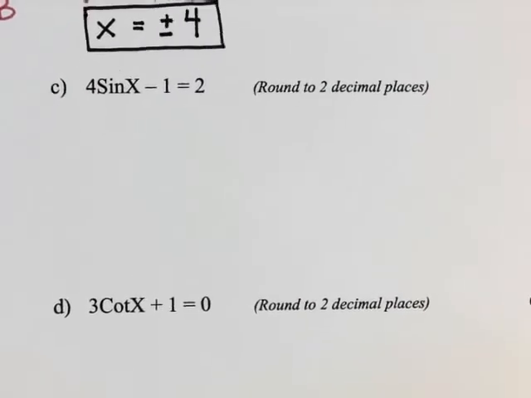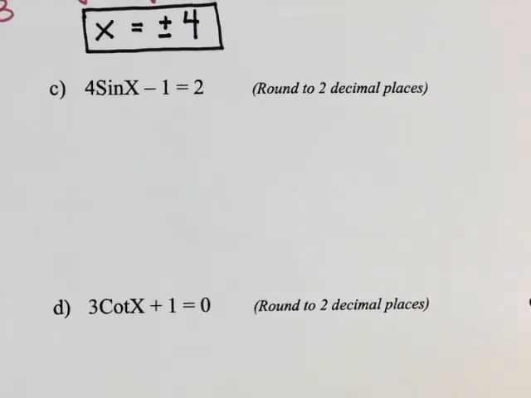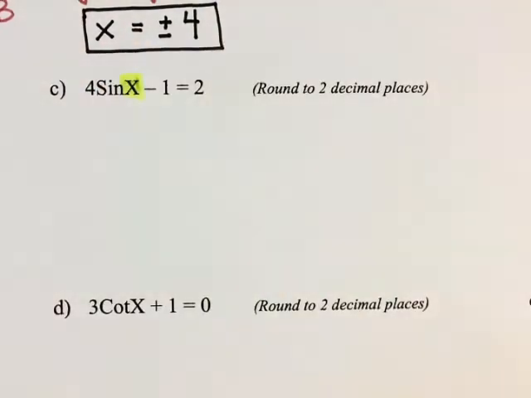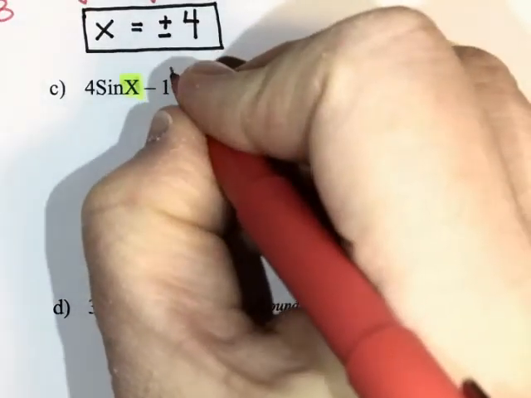So we're going to start with 4 sine x minus 1 equals 2. I want to rearrange to get the x by itself. I do notice there is only one x to solve for, so I can just start taking things to the other side using inverse operations. I would start by adding 1 to both sides.